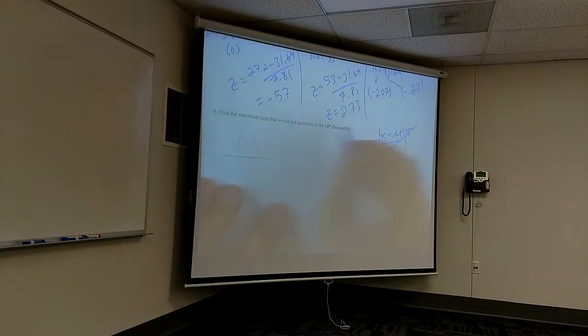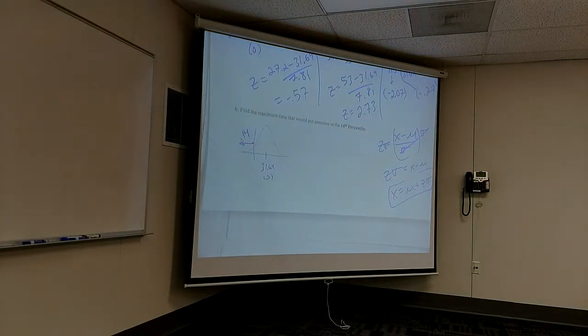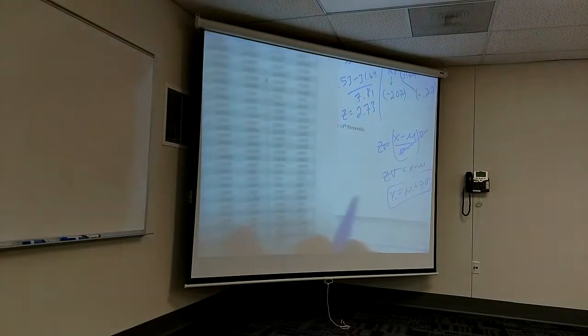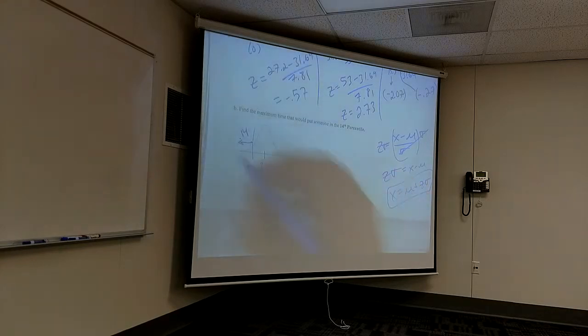So what I got to do is, where's the 14th percentile, of course? Over here somewhere. I like it. Here's 31.64, which is 0 z-score. What z-score relates to 0.14? Yeah, it sounds right. If you look up 0.14, the closest you get is 0.1401. So you get a z-score of negative 1.08.